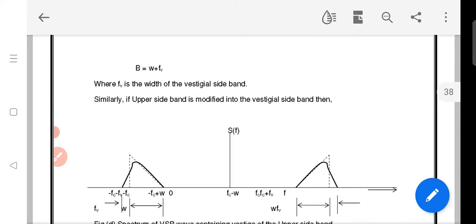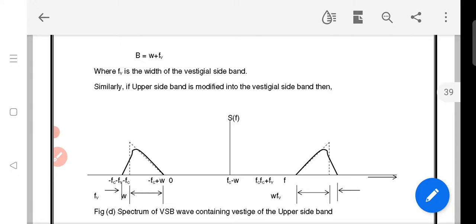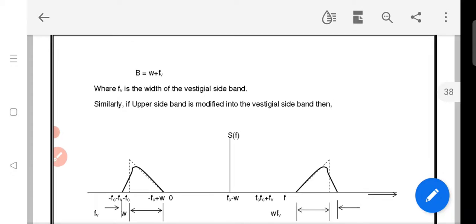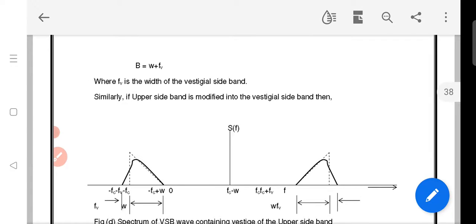Here the bandwidth is not 2fm, or 2W in this notation, nor only W, which is fm. It is fm in the case of SSB, and 2fm in the case of AM and DSB-SC.